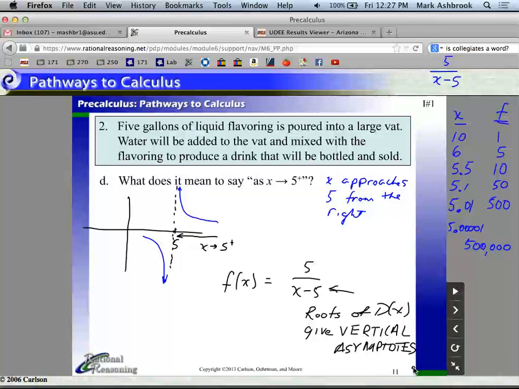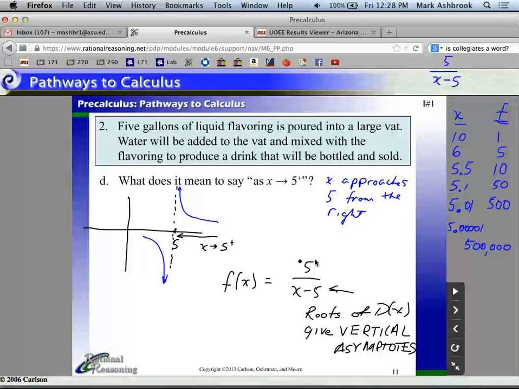What are the roots of this function, f of x? What are the roots? Exactly. There's no way that 5 could be equal to 0.